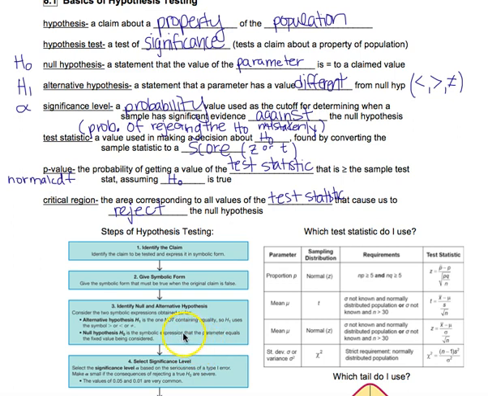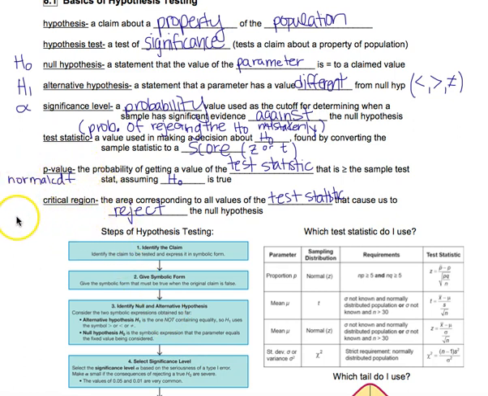Everything with hypothesis testing is either reject or fail to reject, which just basically means that we either have enough evidence to say that the claim is definitely wrong, or we say we don't have enough evidence to say that the claim is wrong, which means that it's possible that the claim is correct. But we never actually say, yes, the claim is correct. We just say there's not enough evidence to say that it's wrong. So we're always doing reject or fail to reject.